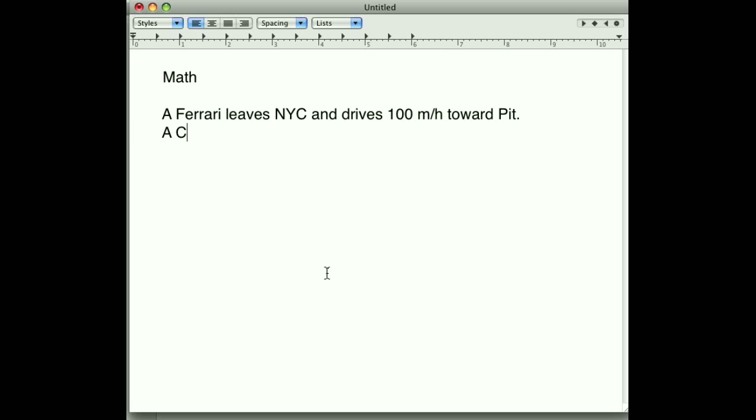A Chevy leaves Pittsburgh at the same time as the Ferrari leaves New York City and drives 50 miles an hour.